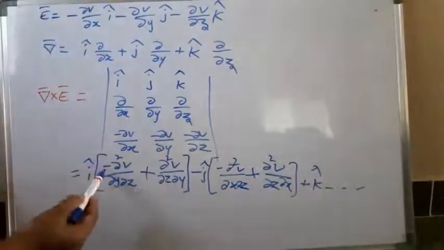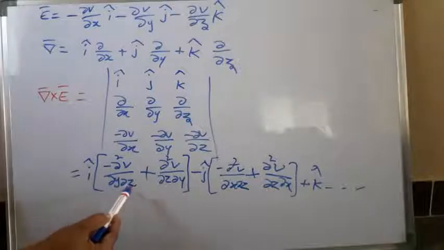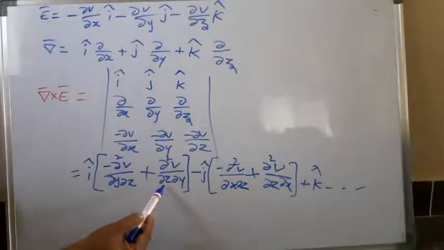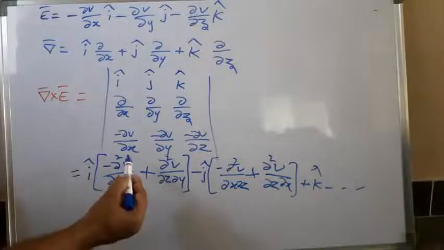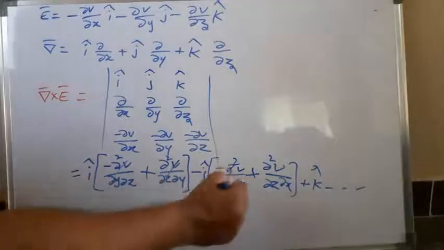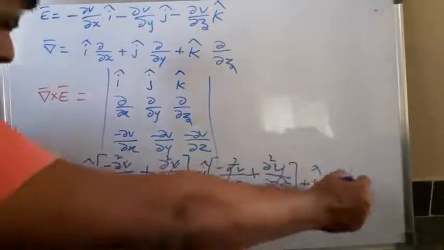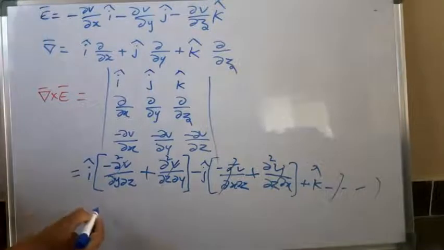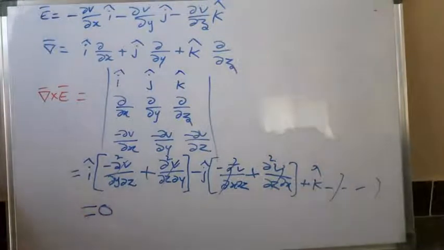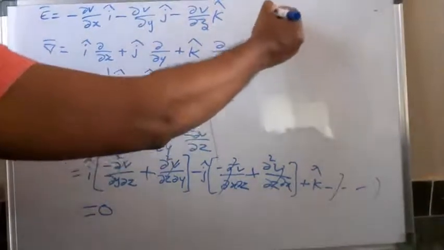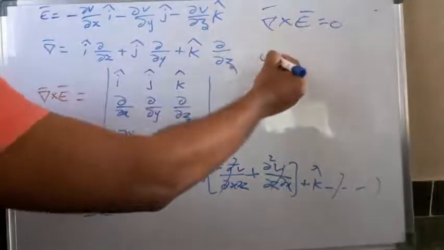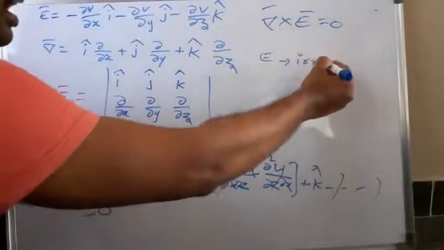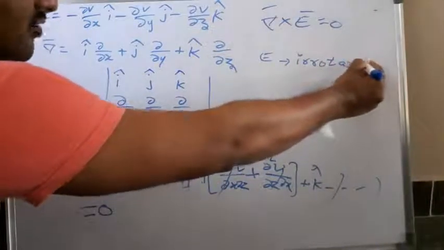You observe minus dou square v by dou y dou z plus dou square v by dou z dou y. Both are the same, only the order of differentiation is different. Since both are the same, they get cancelled away. These also get cancelled away. Similarly for the k bar unit vector, it gets cancelled away, and we prove del cross E is equal to 0. That means the electrostatic field is irrotational.